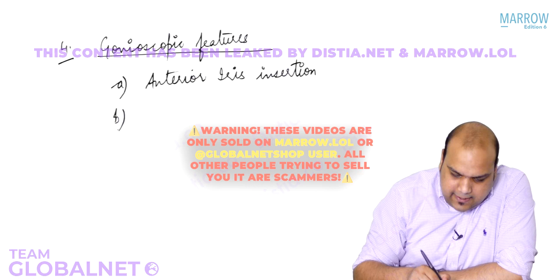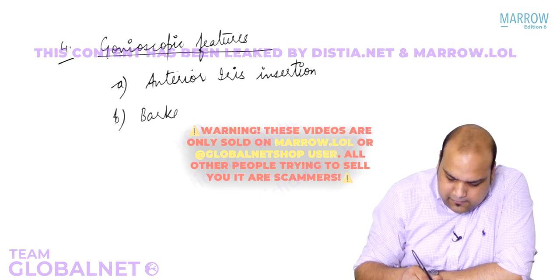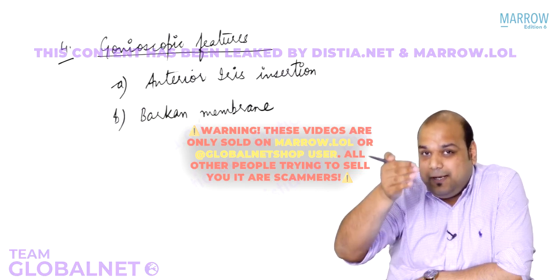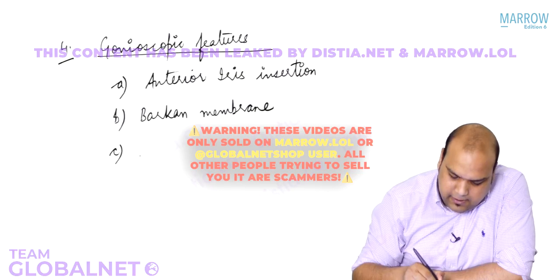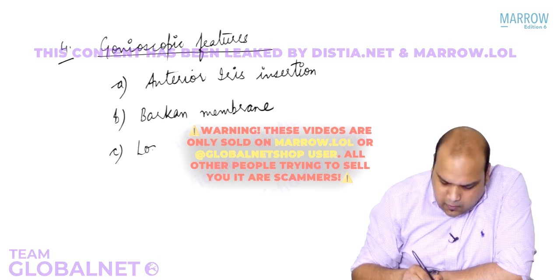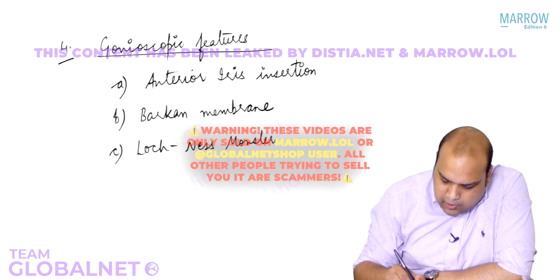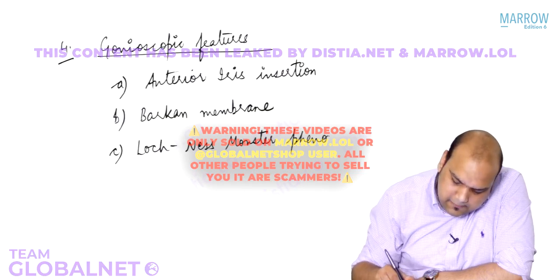Okay. Secondly, there is a membrane which is covering the trabecular meshwork, pretrabecular membrane, Barkan membrane. Then there is something called as Loch Ness monster phenomena.